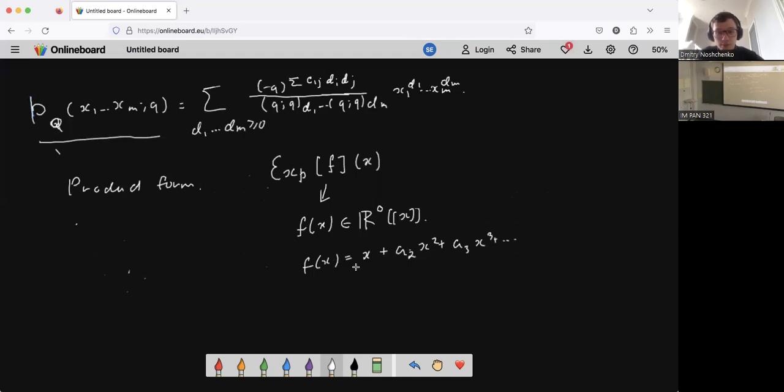So these are formal series, but the crucial thing is that the x^0 term is missing. For such a series, we can define the plethystic exponential by the formula.